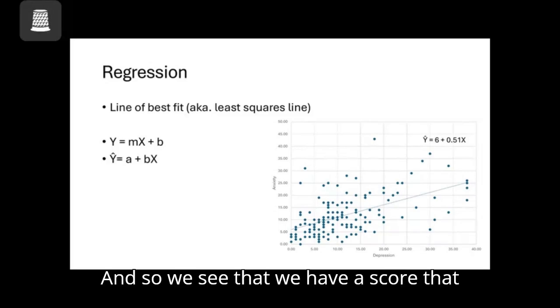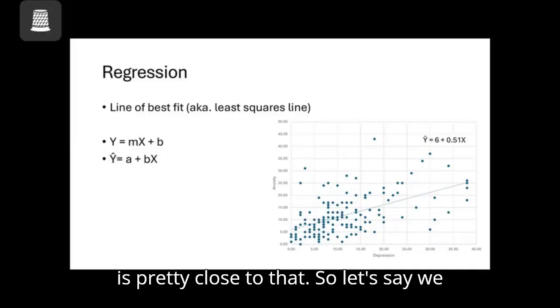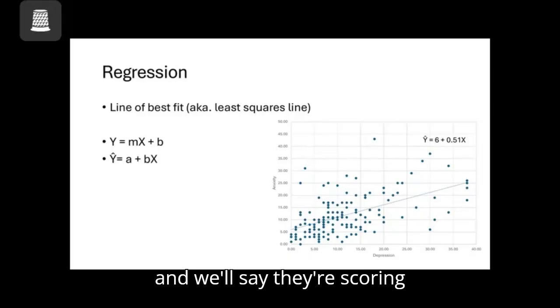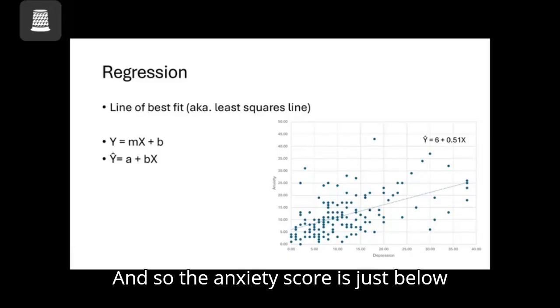And so we see that we have a score that is pretty close to that. So let's say we have a score of 17, and we'll say they're scoring a 14. So 14 instead of 14.67, that's pretty close. And the anxiety score is just below 15, so we're getting a good estimate.